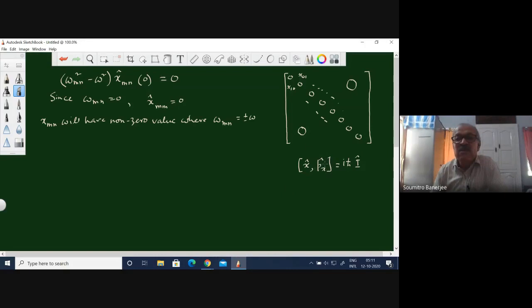And naturally, he also needed to know what Px will look like. So your P matrix has to be obtained from dx by dt, which is equal to, we have already obtained this, Px by m. And we know that the mn term in the X operator is Xmn at time 0 e to the power i omega mn t.